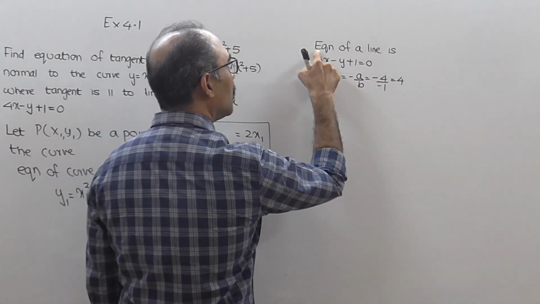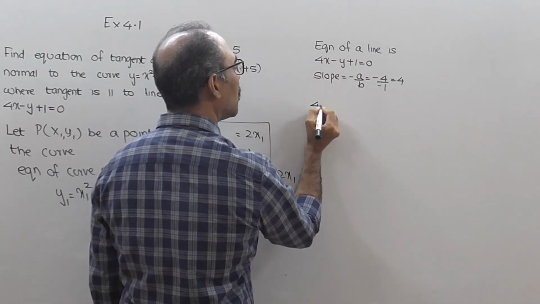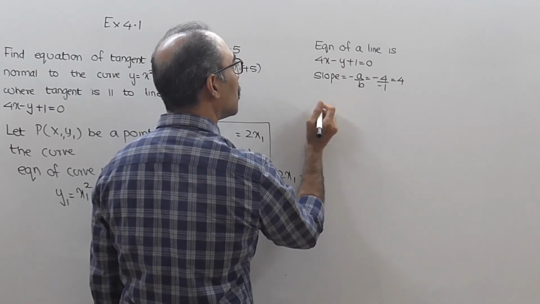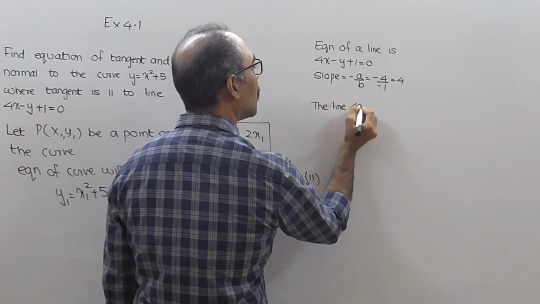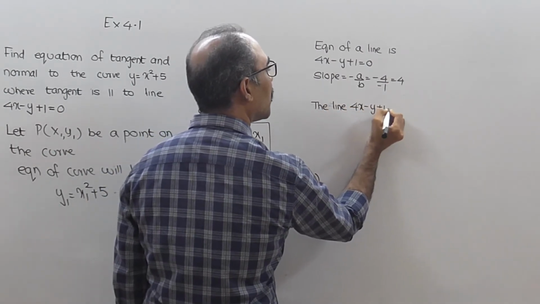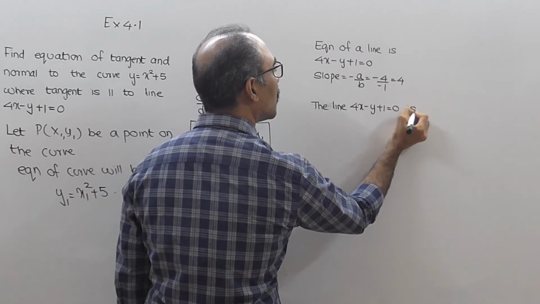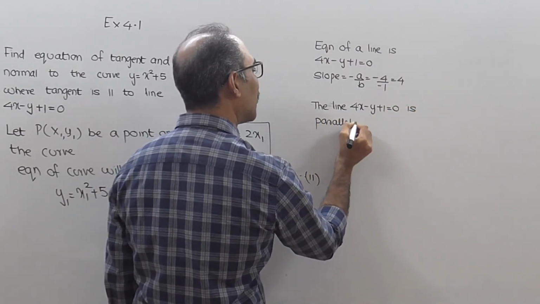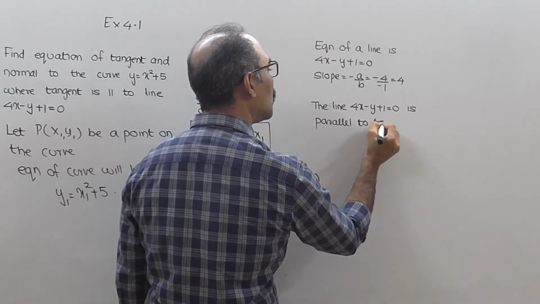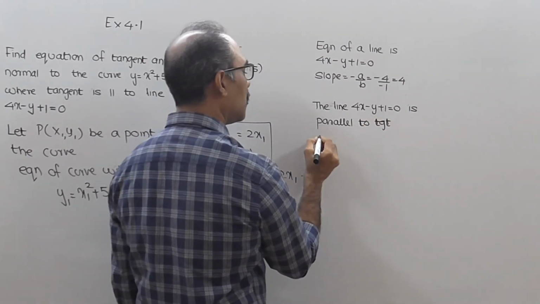Now, the line 4x minus y plus 1 equal to 0 is parallel to the tangent.